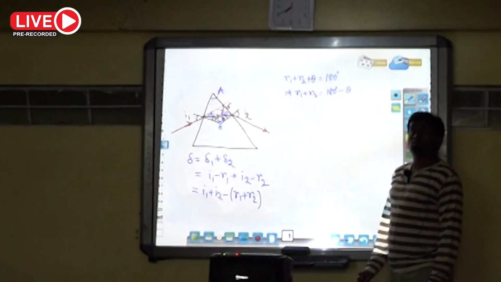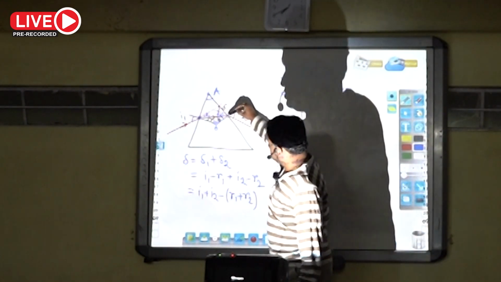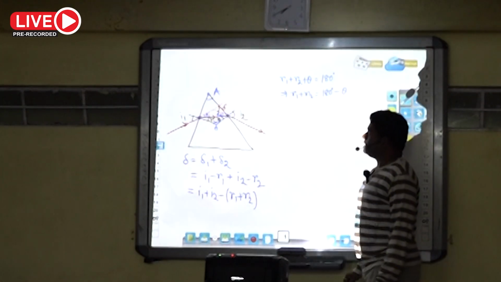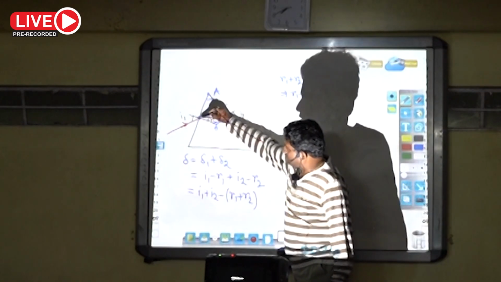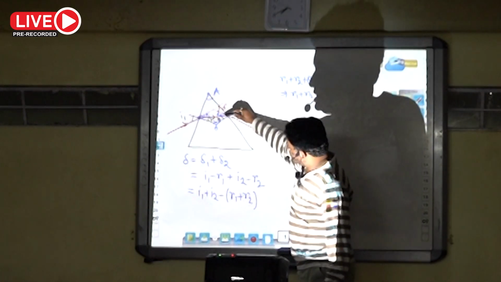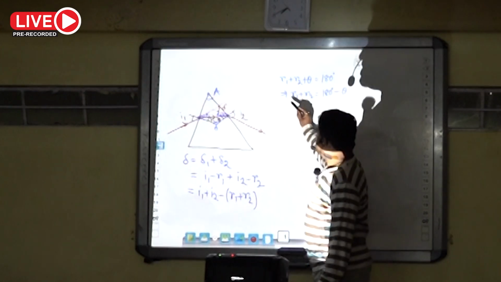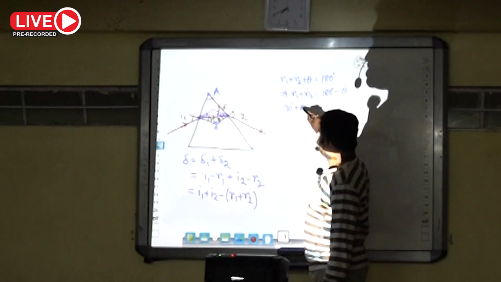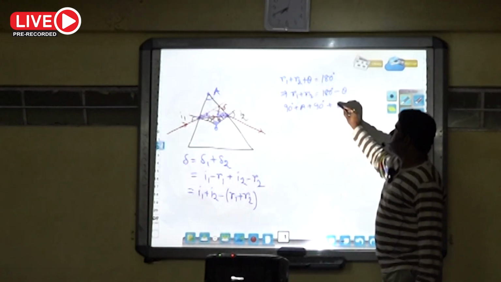Now come to this quadrilateral, this point, this point, this one, this one. In this quadrilateral you can see that one angle is 90 degrees because this is the normal. This angle is also 90 degrees because that is also a normal. So we can write 90 degrees plus angle A plus another 90 degrees plus angle theta.